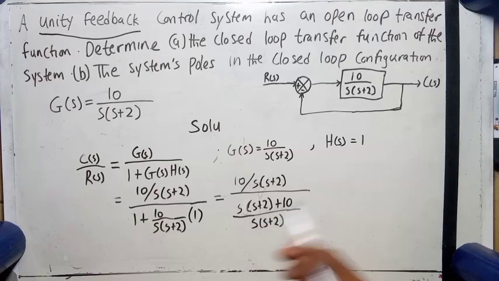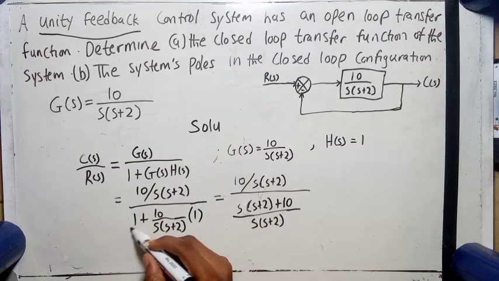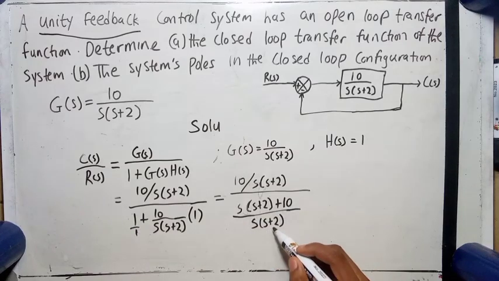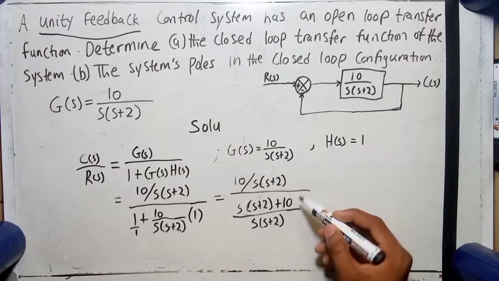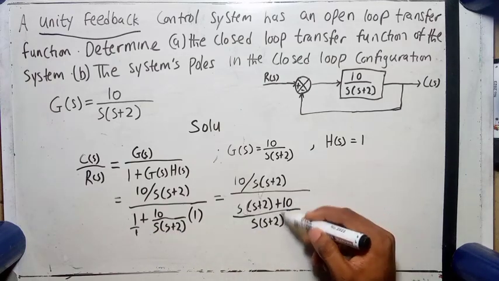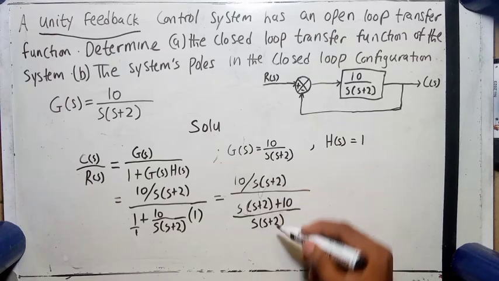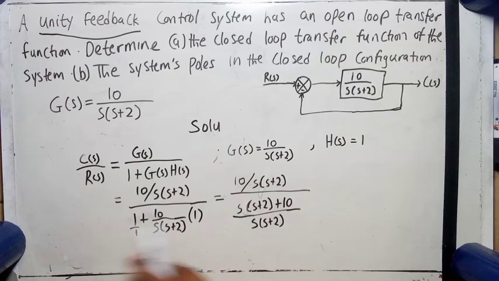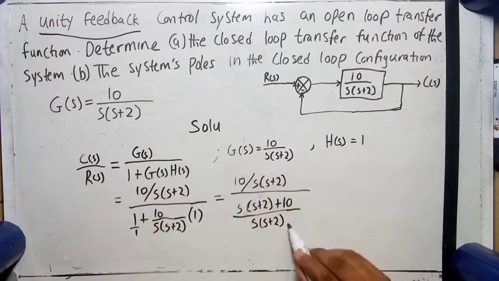So our normal LCM, what I did here, this is over 1. So 1 divided by this times this, we have this. This divided by this, 1 times 10, we have this. So we have now made it to have equal denominators. We don't want the 1 to be on its own. We want to just join everything together, and this is what we have gotten.